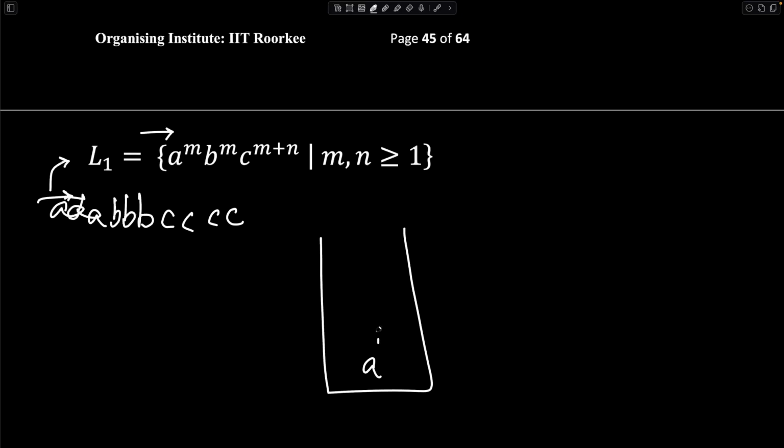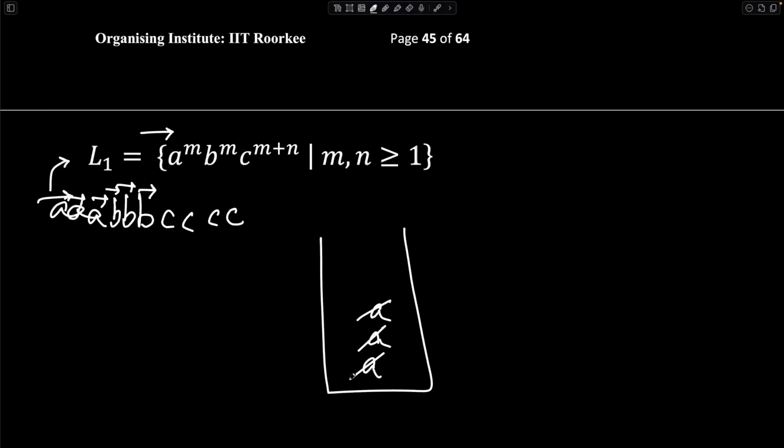When the second a is interpreted, another a is stored. When the third a is interpreted, another a is stored. When the first b is interpreted, the first a is popped out. Why are we doing it? So that we can know that the number of b's is exactly equal to the number of a's. When the second b is interpreted, the second a is popped out. When the third b is interpreted, the final a is popped out.